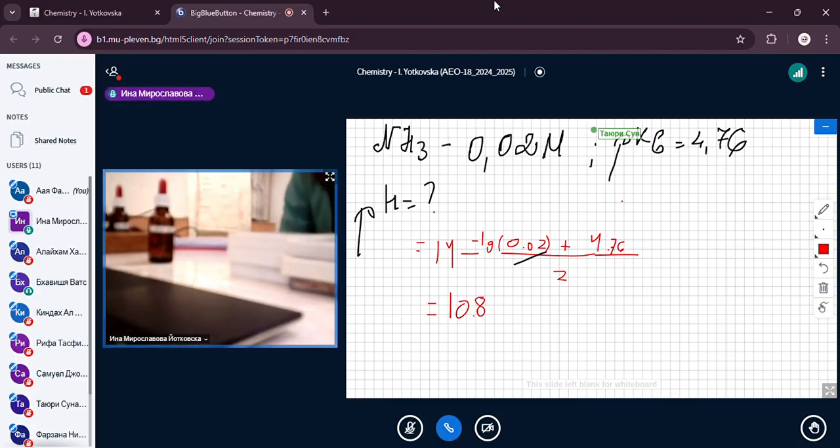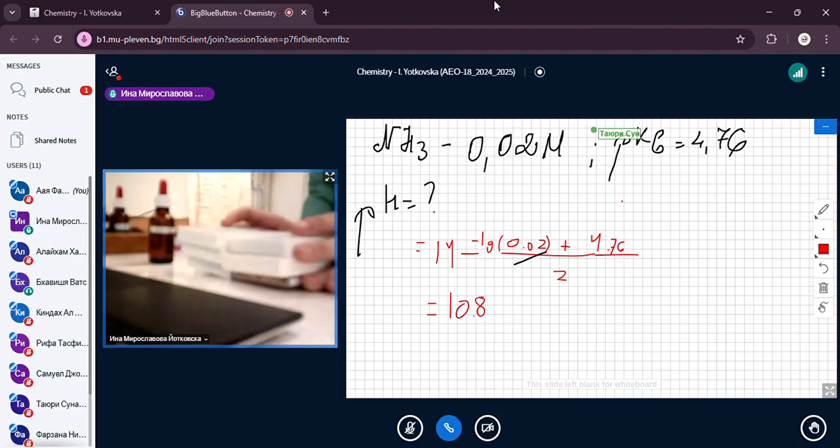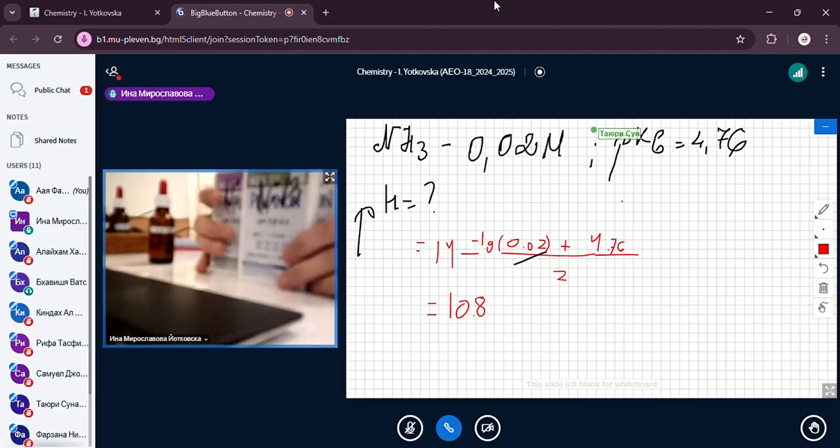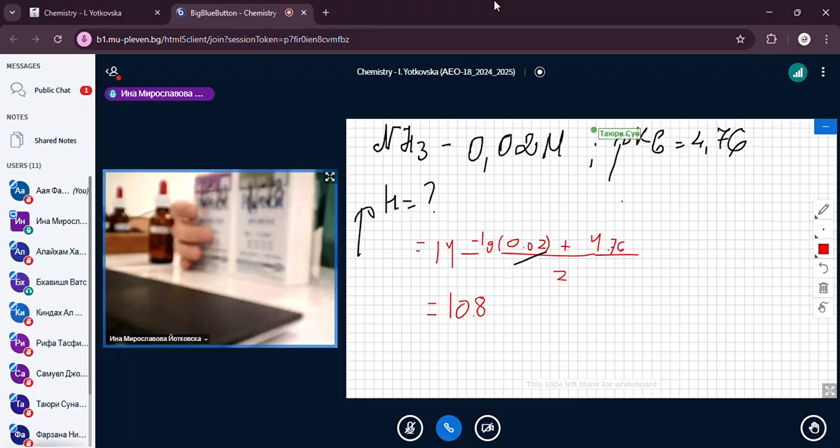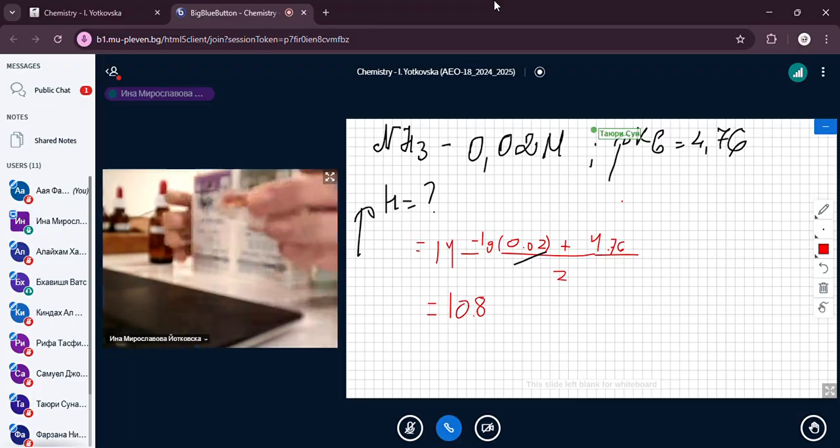So, as I told you, there is one option to measure pH with a pH meter, which is the most correct way to measure the pH. But not in every laboratory there is a pH meter. The easiest way with which we find out the pH of a solution is with the help of litmus indicators, which can be universal.